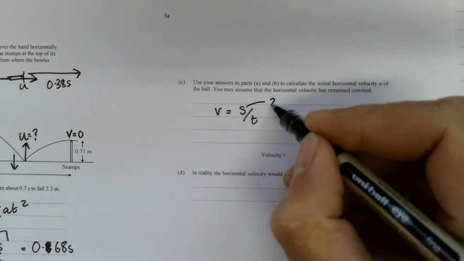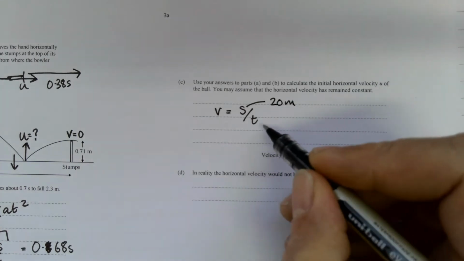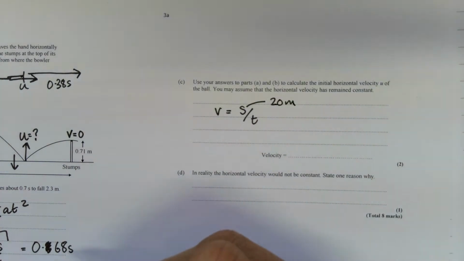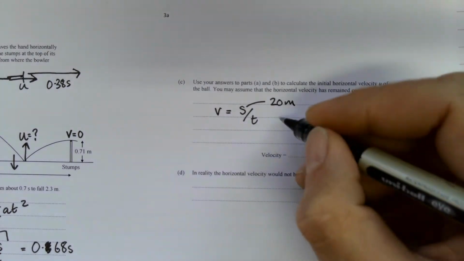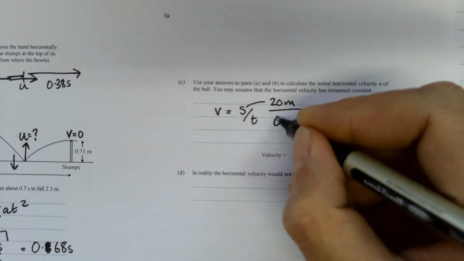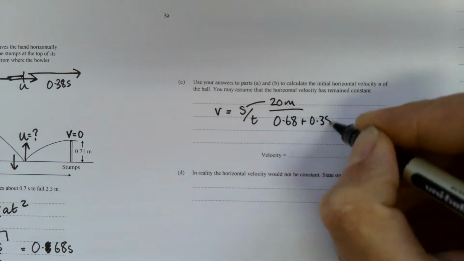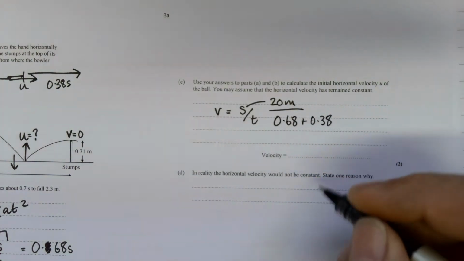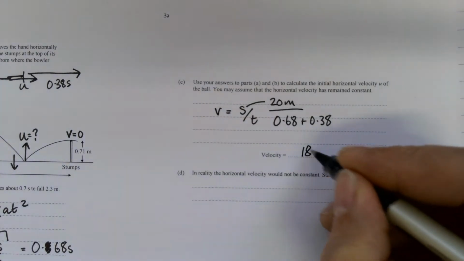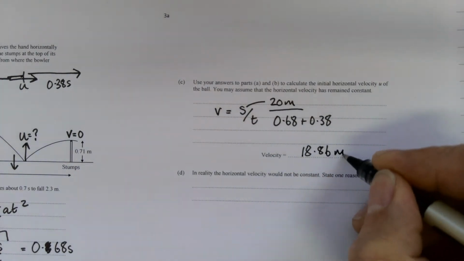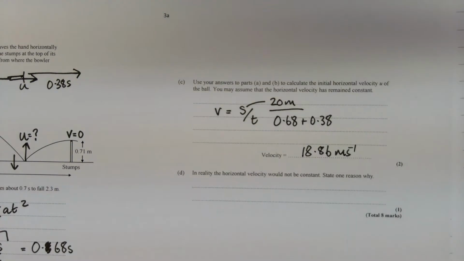The s is the 20 meters, and the time is the sum of the two parts from the earlier part in the question. So that's 20 meters over 0.68 plus 0.38. And the velocity comes out at 18.86 meters per second.